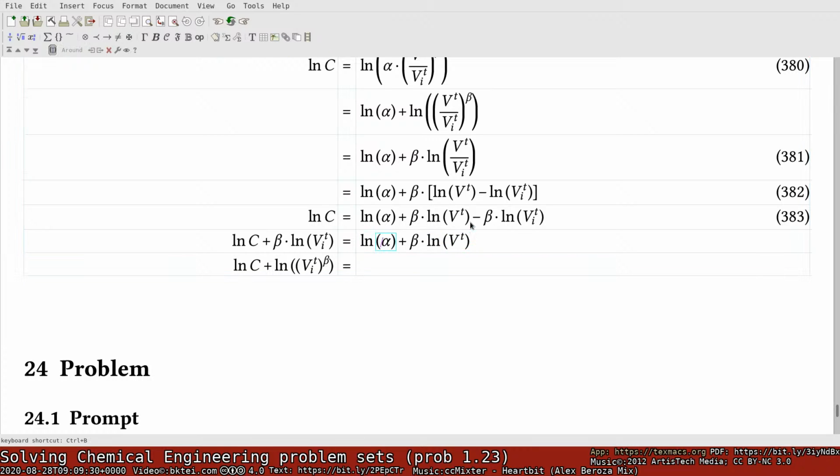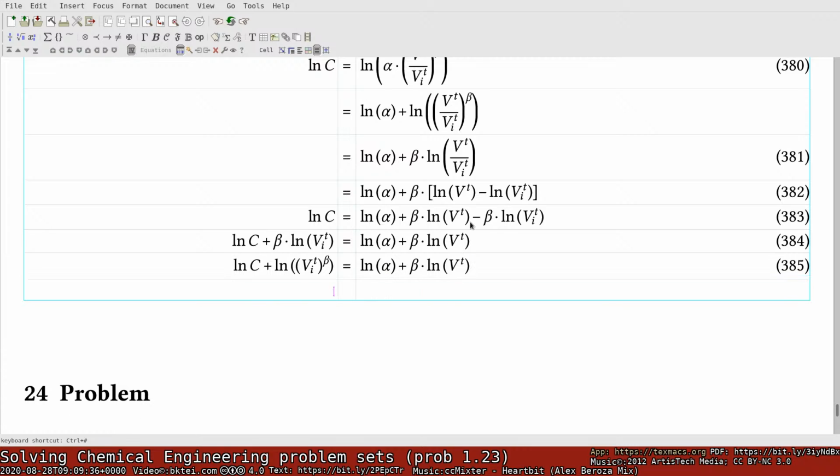And for simplicity, let's just keep the right side of this equation the same. Then this should allow us to combine natural log of C times this guy is that.